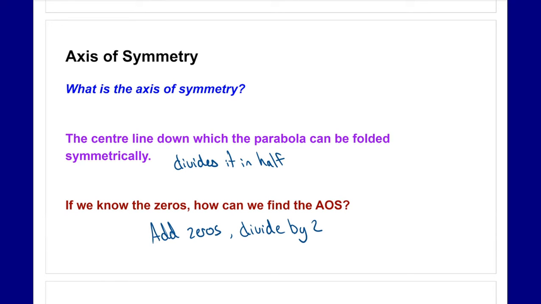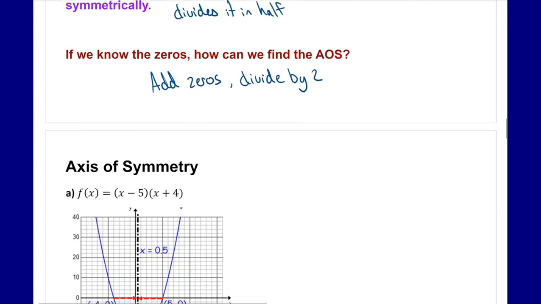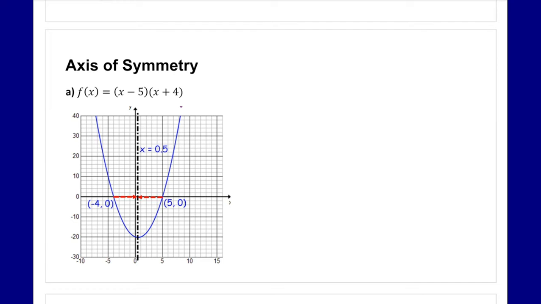If you're not sure why I'm saying this, let's take a look at the actual graph. If I look at this function, same one we looked at, you can see that my two x-intercepts, positive 5 and negative 4, are on either ends of our parabola. We talked about our parabola being symmetrical. You can think back to the step pattern, same thing happens on both sides. So directly in the middle between those two points should be my axis of symmetry.